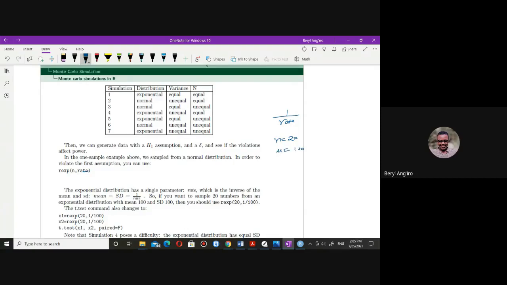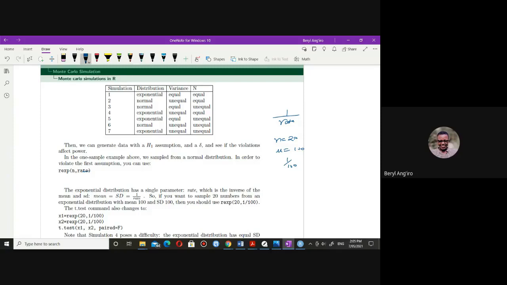So we are sampling for the t-test. We were testing whether mean equals 100. So here our parameter of interest is 1 over 100, which is the rate. That is 1 over the mean.